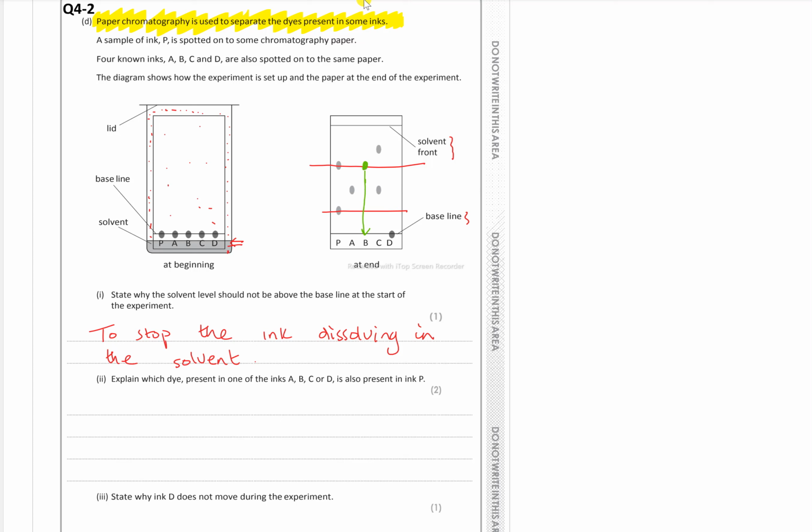Ink B. It's a two marker, so you'll say ink B, because both inks have a spot at the same height.